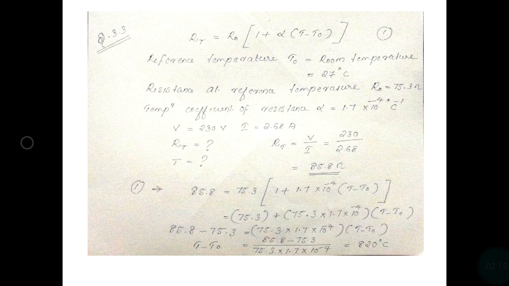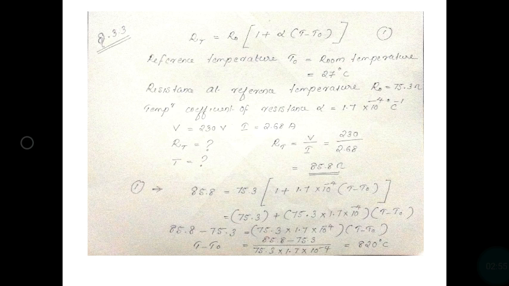So let us take the equation for temperature dependence of the resistance, that is RT is equal to R0 into 1 plus alpha into T minus T0, where RT is the resistance at a temperature T, and T0 is a reference temperature, R0 is resistance at the reference temperature, alpha is temperature coefficient of resistance. In the given question, let us take room temperature as the reference temperature, that is T0 is equal to 27 degrees Celsius.